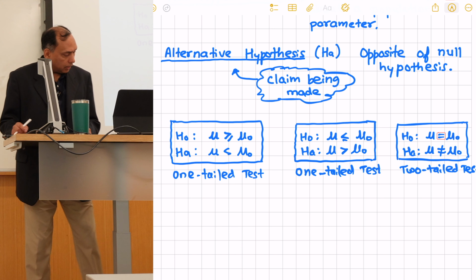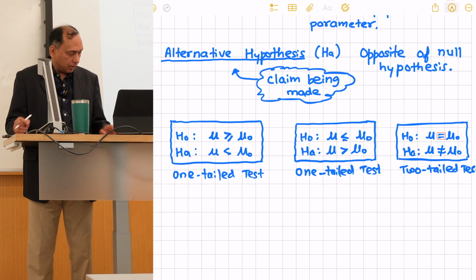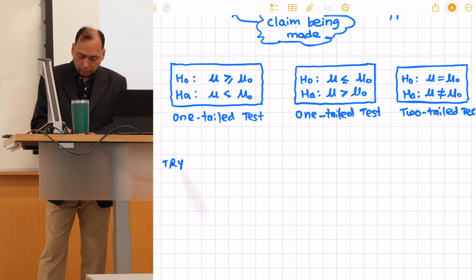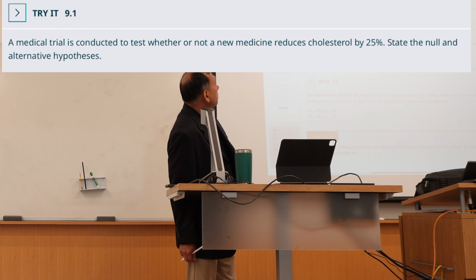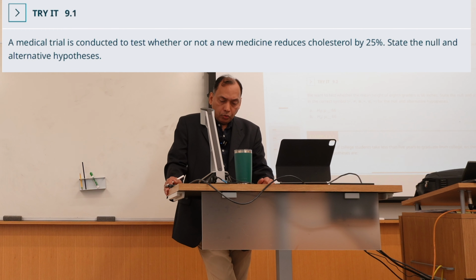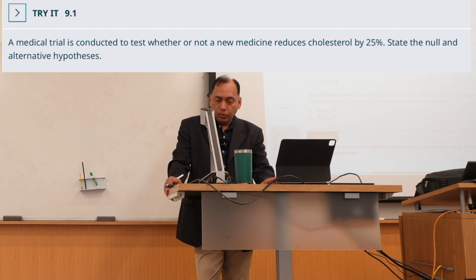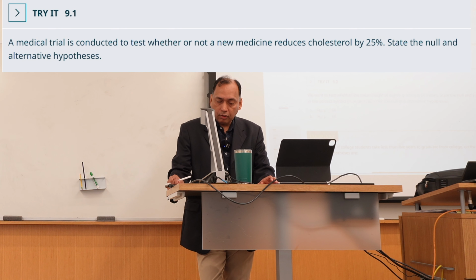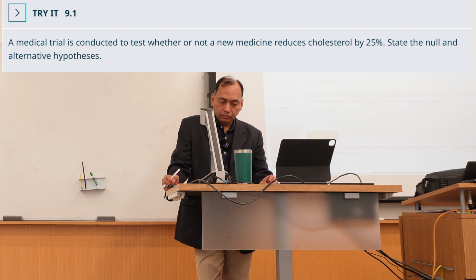So let's look at some examples of this, starting with try it 9.1. A medical trial is conducted to test whether or not a new medicine reduces cholesterol level by 25%. They are testing this, so state the null and alternate hypotheses.